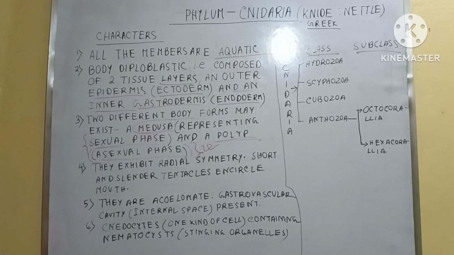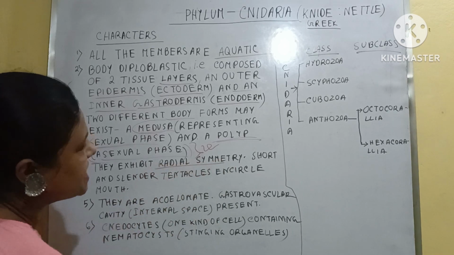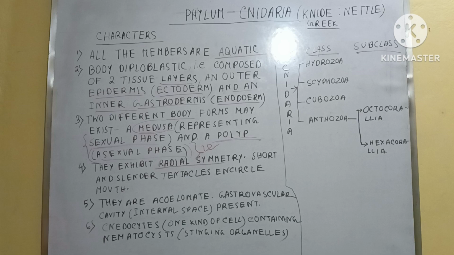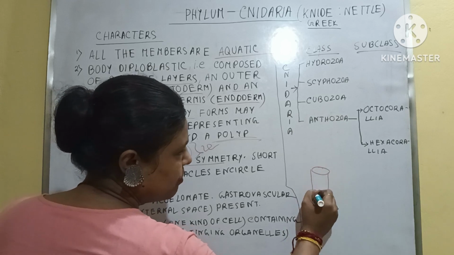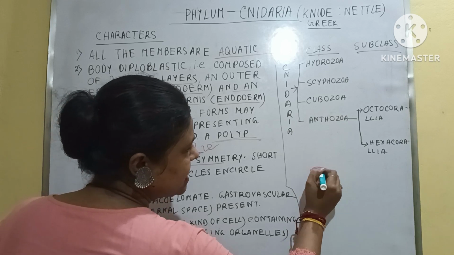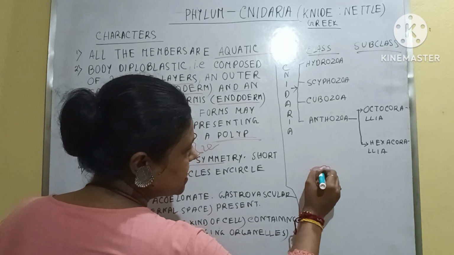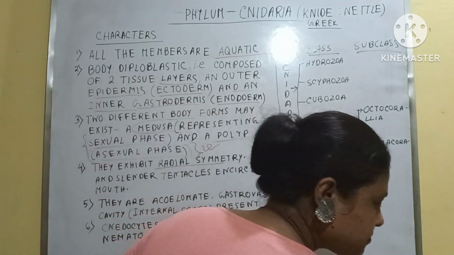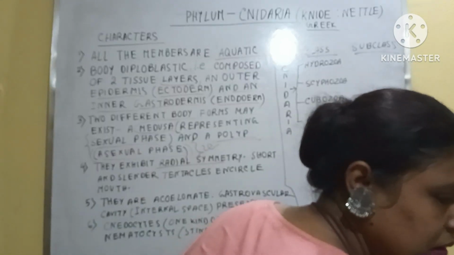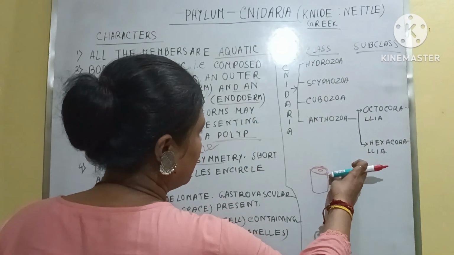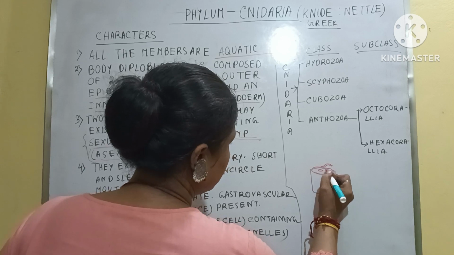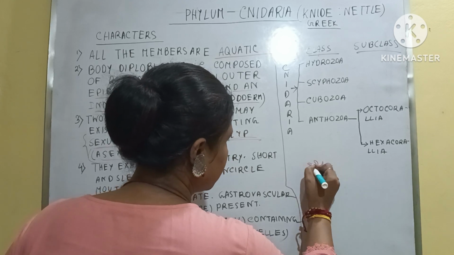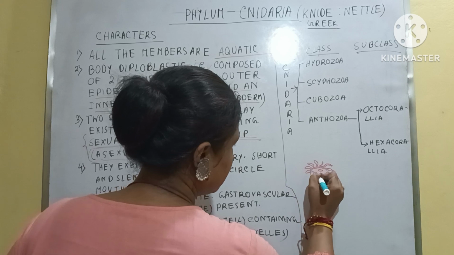The fourth one is that they exhibit radial symmetry. The mouth is here and this is the total body part, and the mouth is encircled by the tentacles.